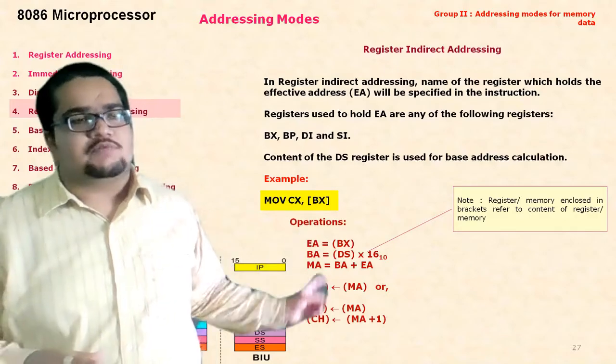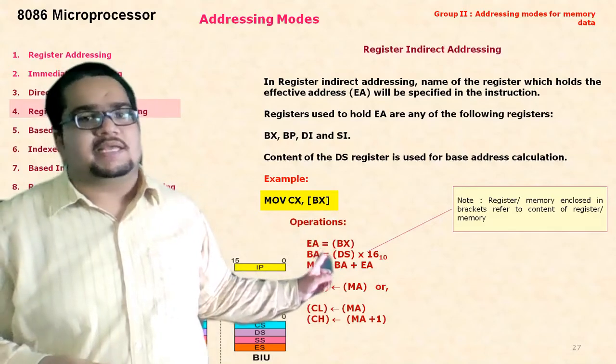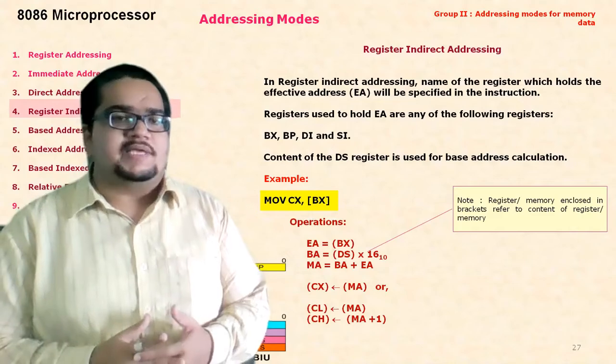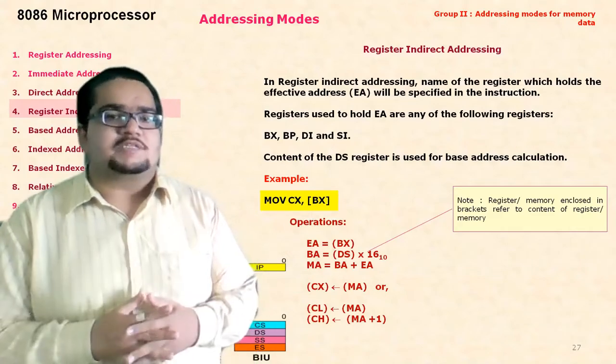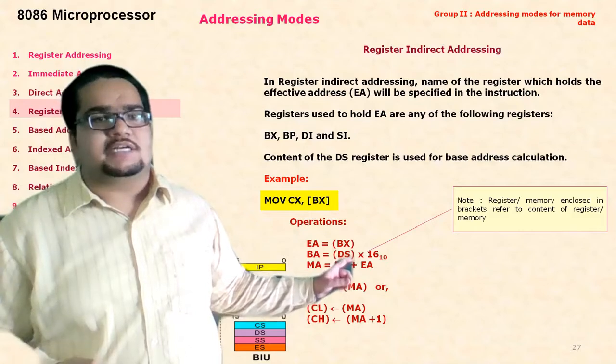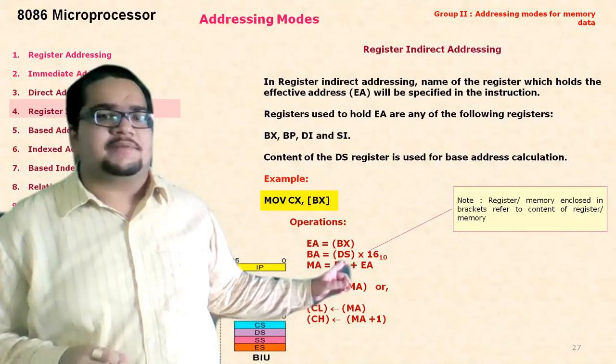Here the operation explains that the effective address is available in the BX register, and obviously the address calculation of the base will be the segment address multiplied by 16 decimal, or shifting that in hexadecimal digits by one place to the left, introducing one extra hexadecimal digit there.